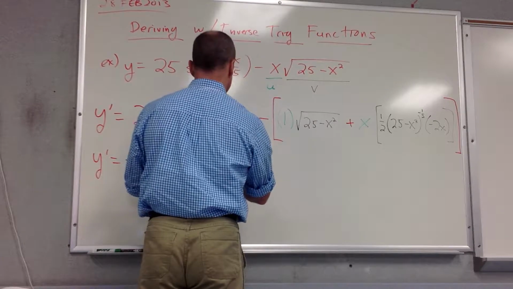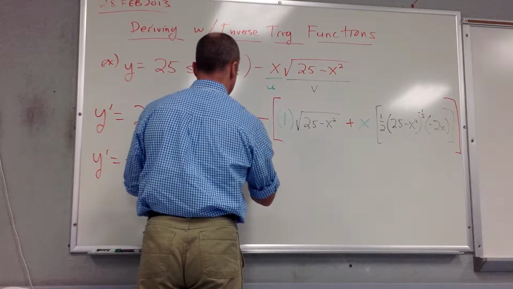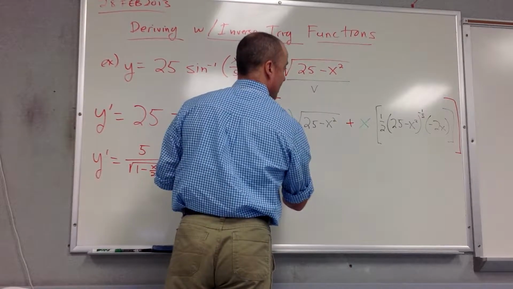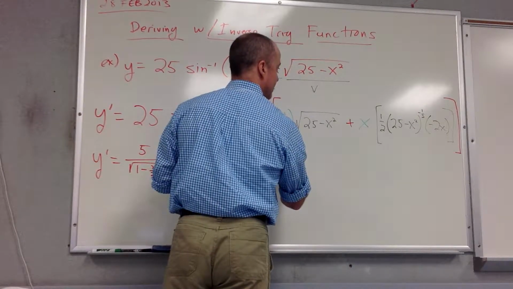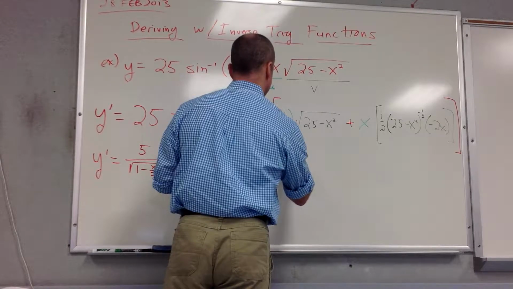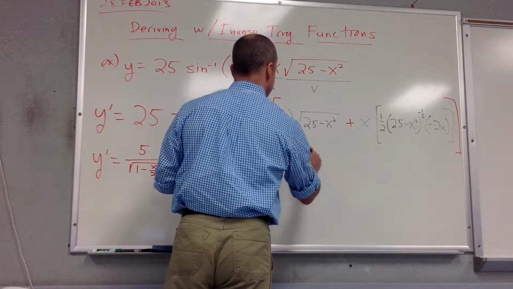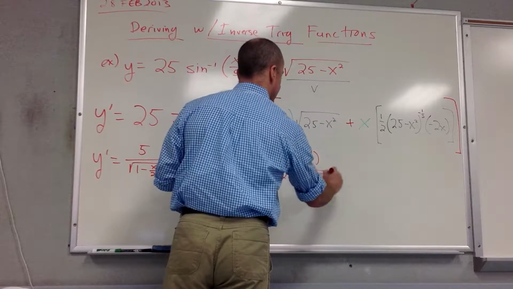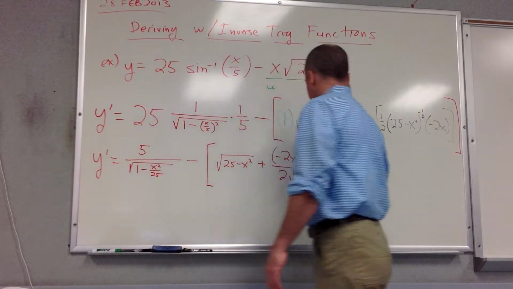Inside here, I'm going to have just the square root of 25 minus x squared plus, let's see, my numerator is going to have negative 2x times x over 2 times the square root of 25 minus x squared.